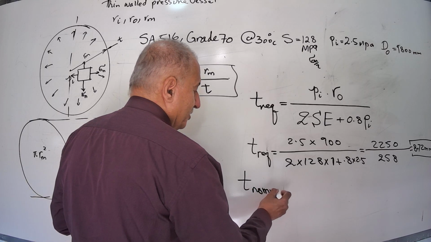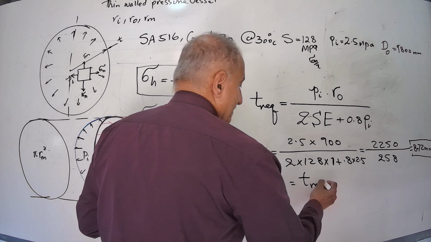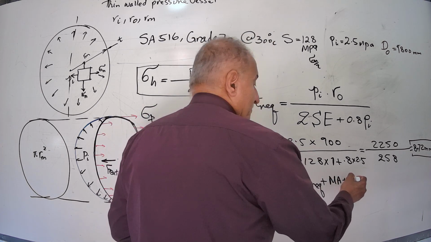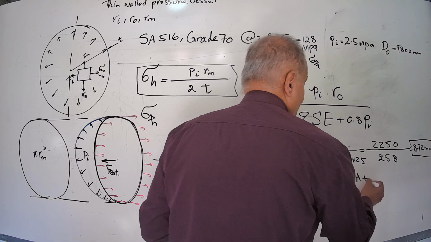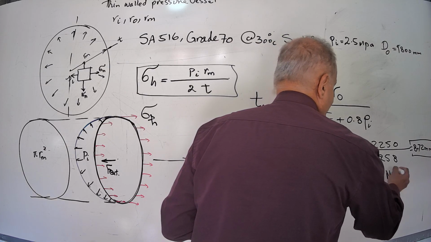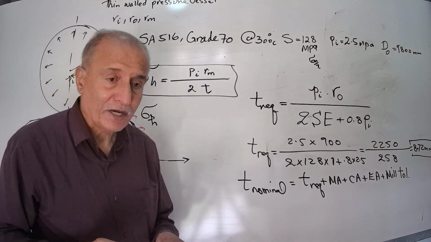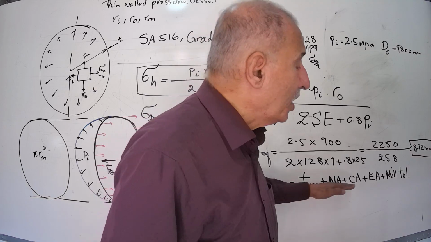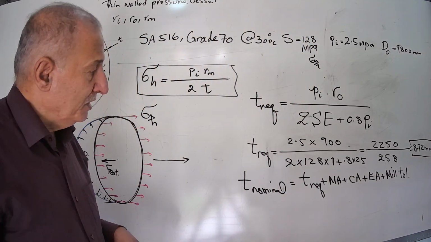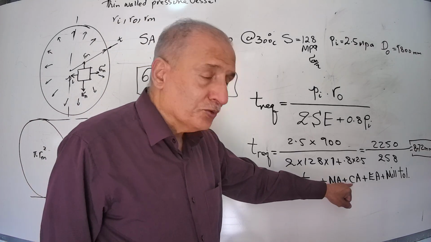You must calculate nominal thickness according to a standard, which is the required thickness plus mechanical allowance plus corrosion allowance plus erosion allowance plus mill tolerance. But not all products are subjected to all these allowances and tolerances. Not all of them. But one thing I'm sure of is they consider the corrosion allowance.